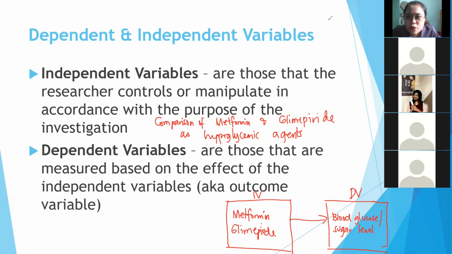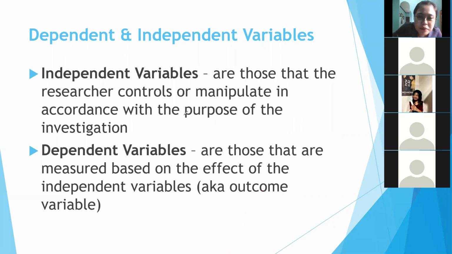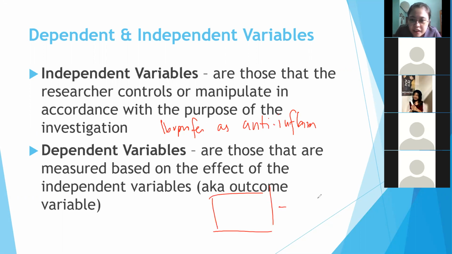Dili sa ko mo specify, like, wait lang, usay manggod maglibog ta kay wala pa manggod mo higher kanang lessons for that. So, for example, manggod pag muhatag ko ibuprofen as anti-inflam. Okay? So, ang independent variable ani dali ra kayo isulat nato ibuprofen.